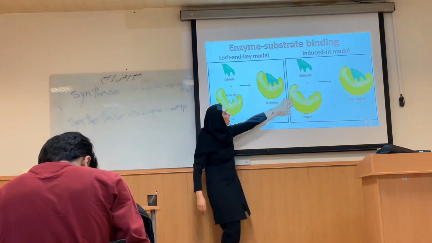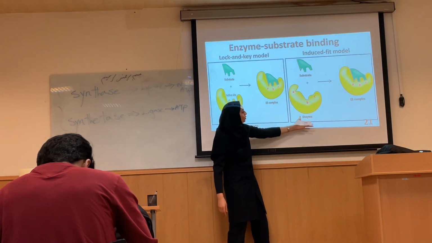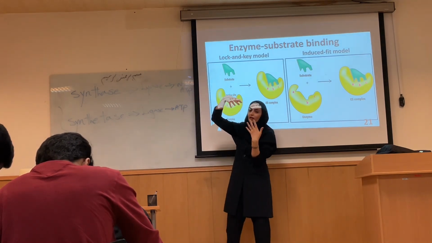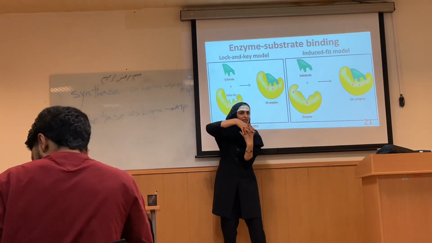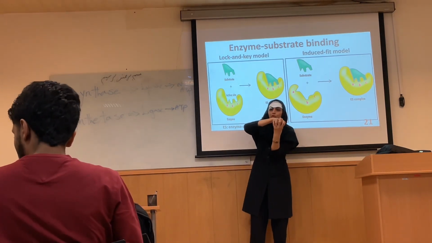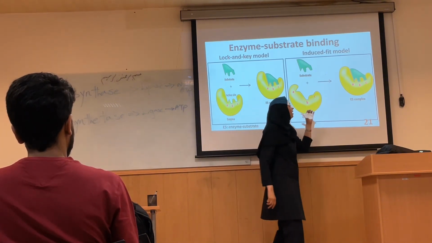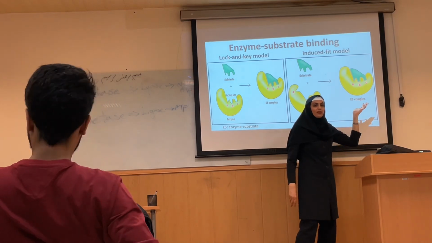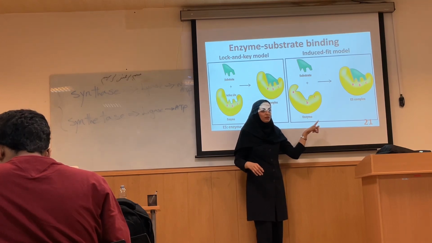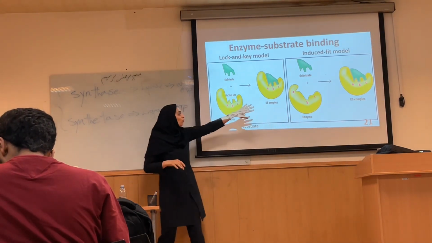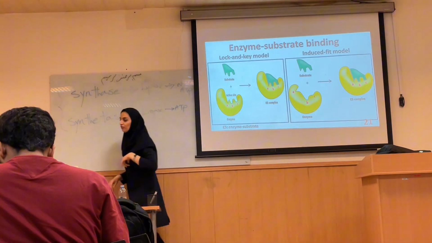Okay? This is like that. Here, the substrate doesn't have a complementary structure for the enzyme. After it comes near the enzyme, some changes occur, some interactions occur, so that the enzyme fits the substrate. This is the induced fit model, and because protein structure is not constant, it is the more acceptable model. Even in some new books, they don't mention the lock and key model at all, and just explain the induced fit model.